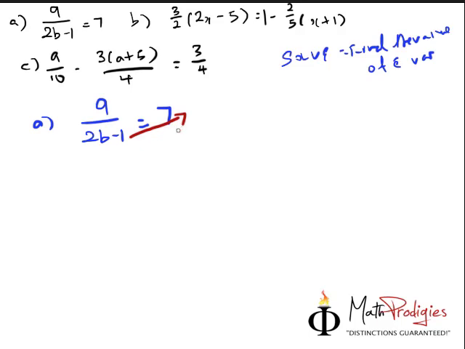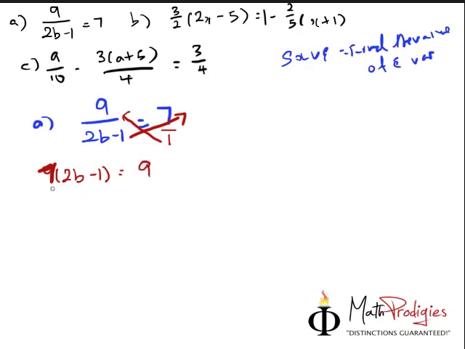But wait, there's nothing in the denominator for 7. Actually, there is. As you may know, it's 7 over 1. So therefore, 9 times 1 and 7 times 2b minus 1. So what you will get in the end is actually, oops, sorry, wrong. It's not 9, it's 7. 7 times (2b minus 1) equals 9.